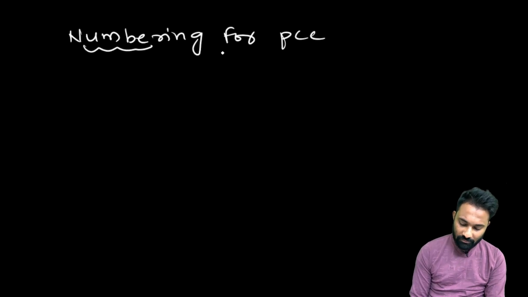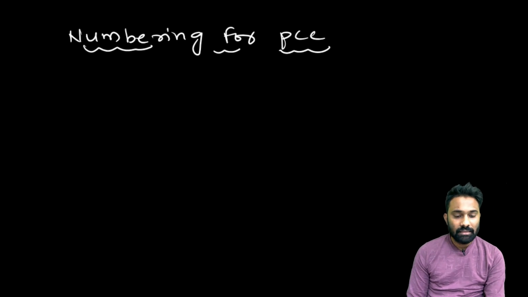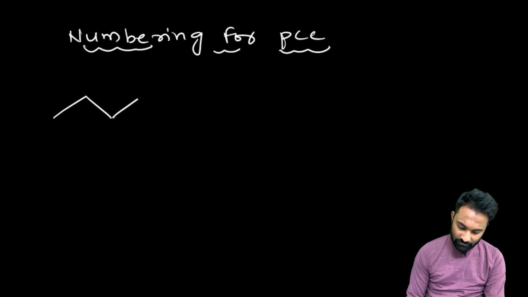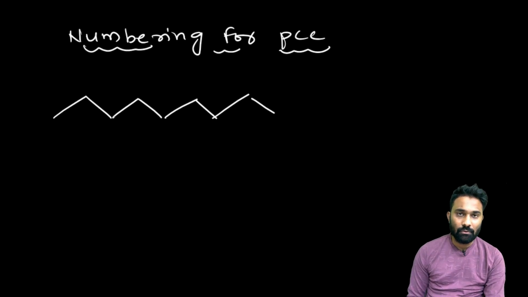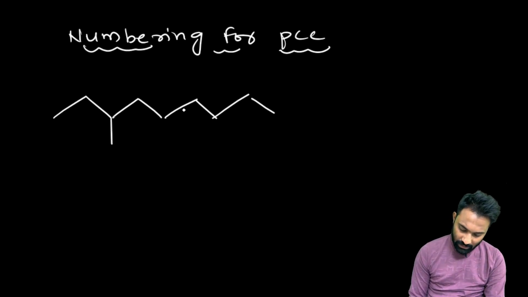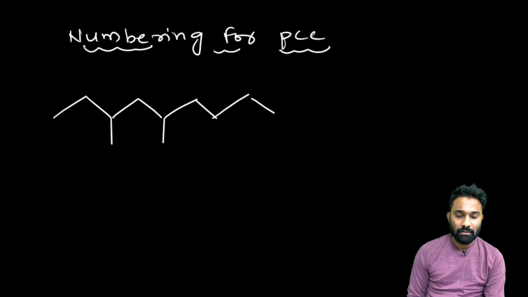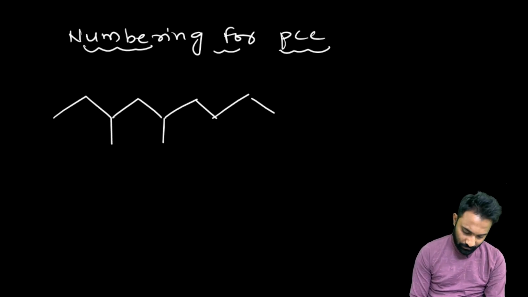How to give the numbering for the PCC? Then after that we have to write the names. First of all, suppose they have given this compound, and we have taken one or two substituents here. Done? Clear? Now give the numbering.